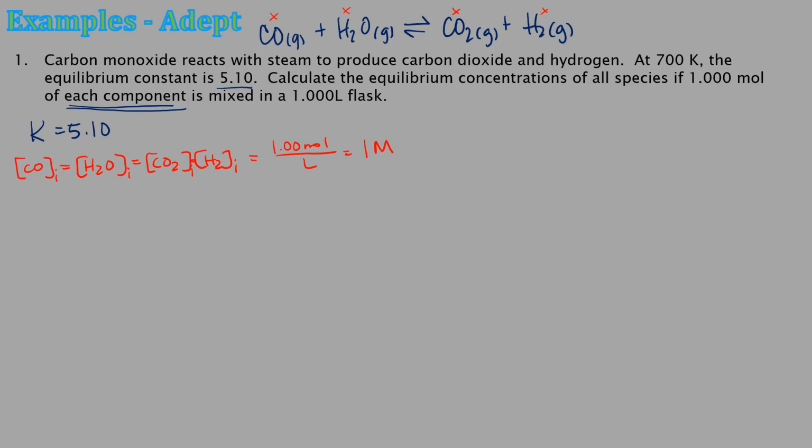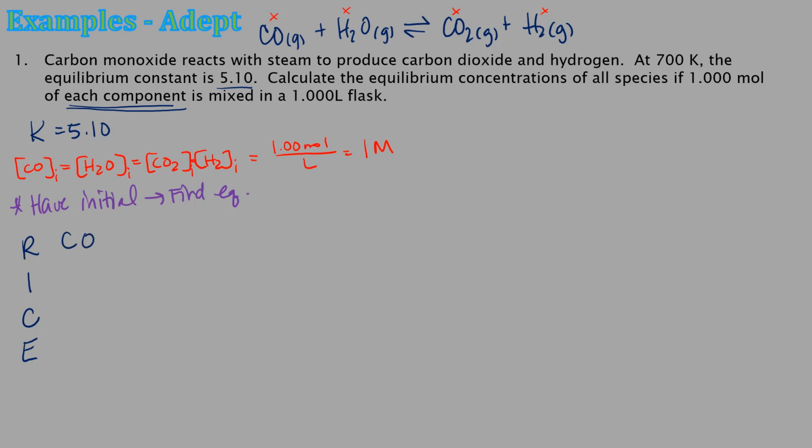All right, so all of those are initial, and I have to find equilibrium. So if we have initial and we want to find equilibrium values, we have to use RICE tables. I've got R reaction, I initial, C change, E equilibrium.